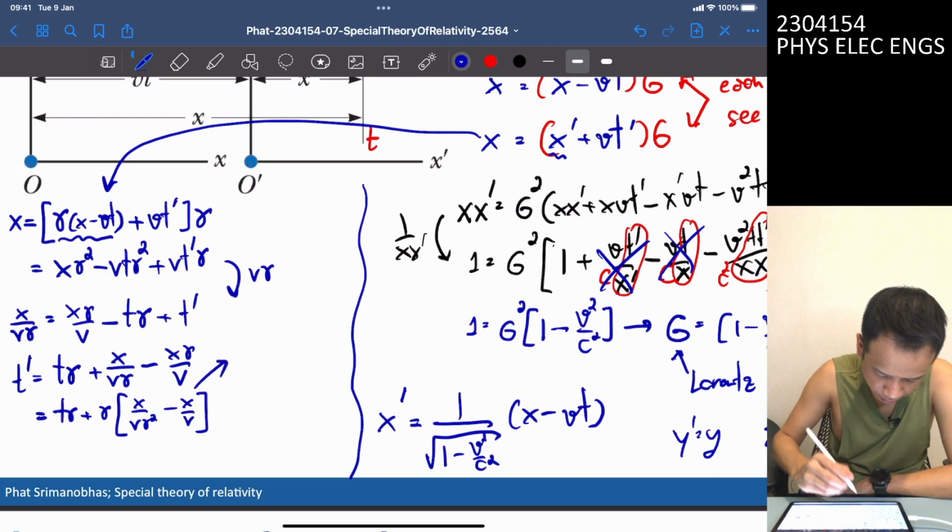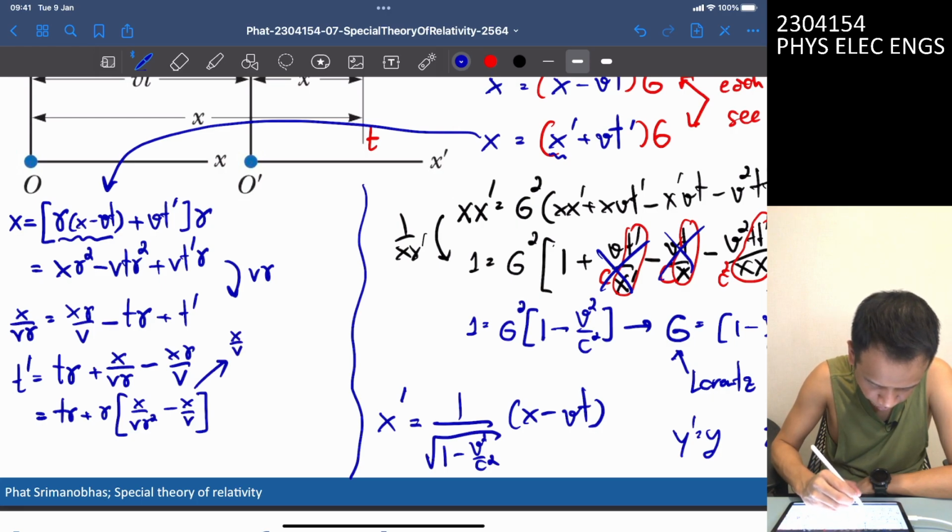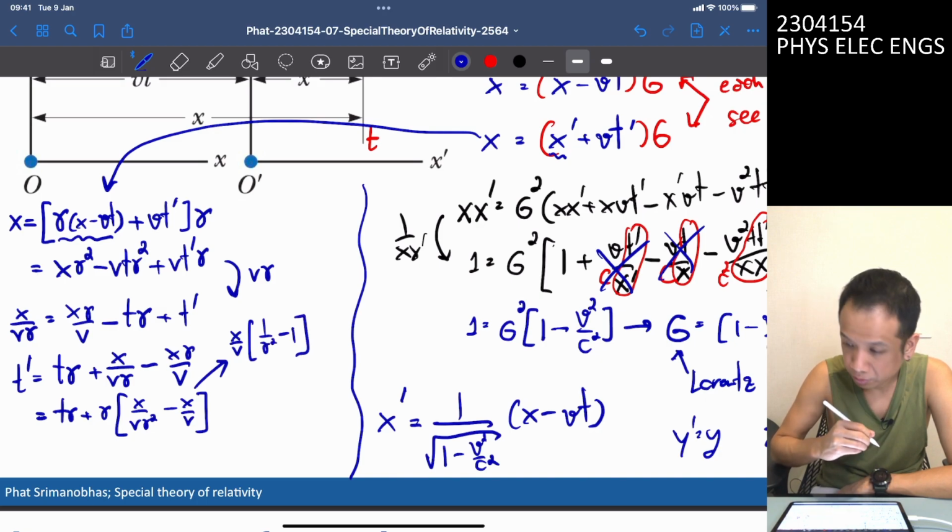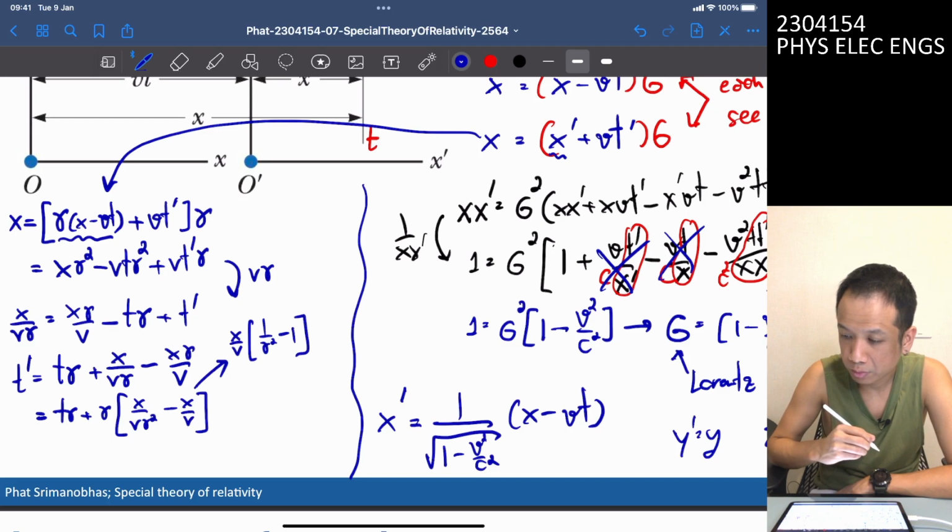In this bracket you bring x over v out, and it becomes 1 over gamma squared minus 1.